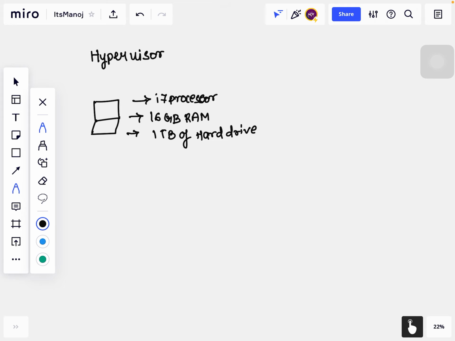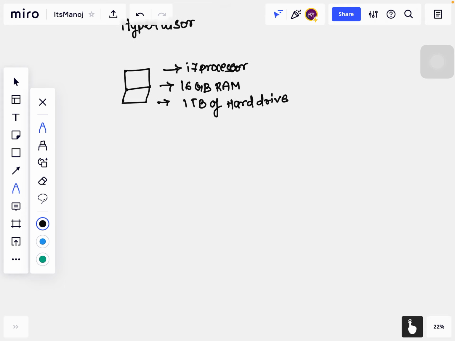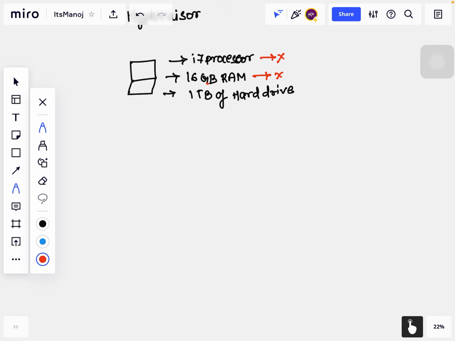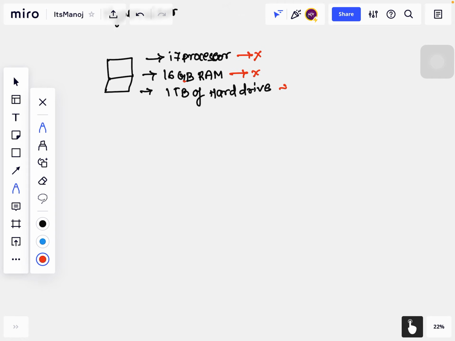At any given point of time, you cannot utilize the full capacity of the i7 processor. You cannot utilize 16 gigs of RAM, and you cannot utilize 1 TB of hard drive, unless you have lots of data.